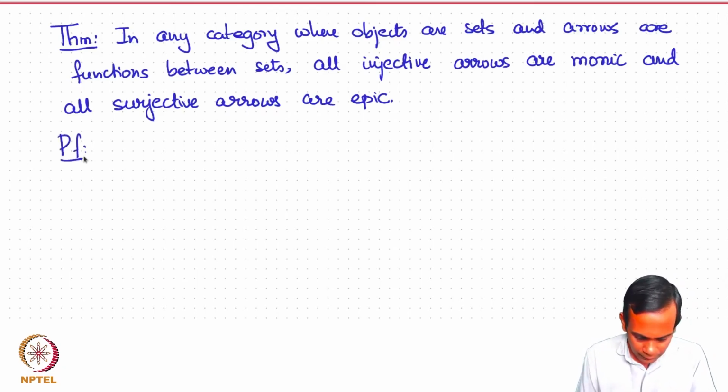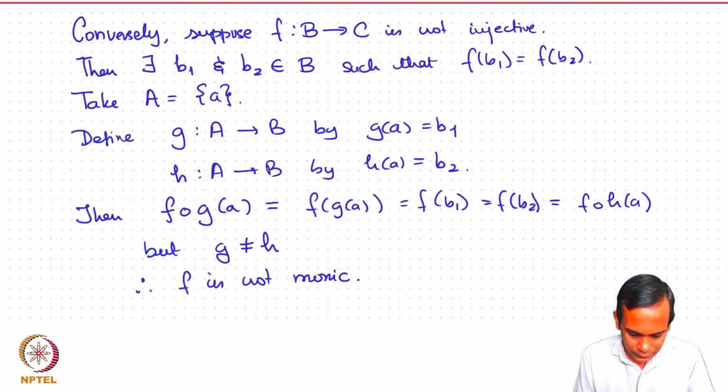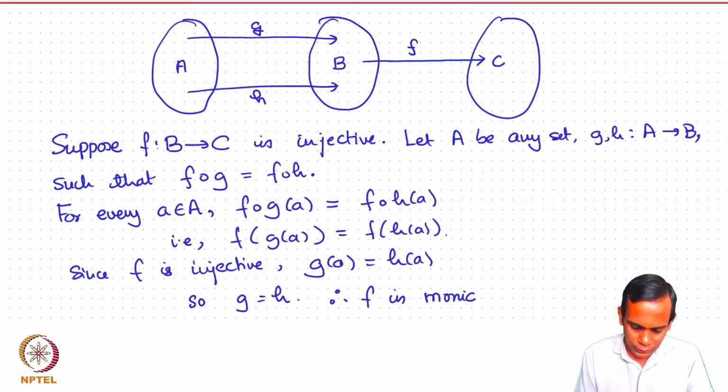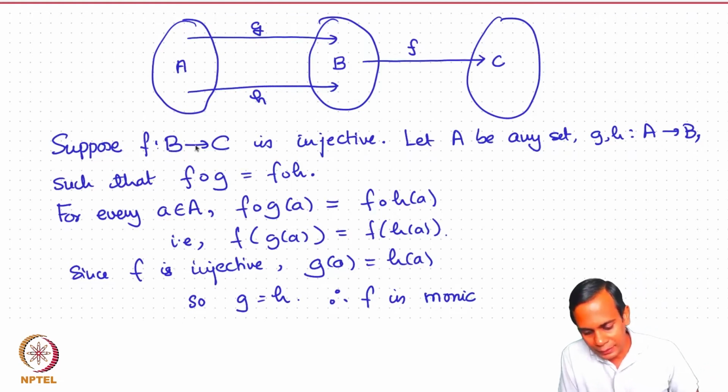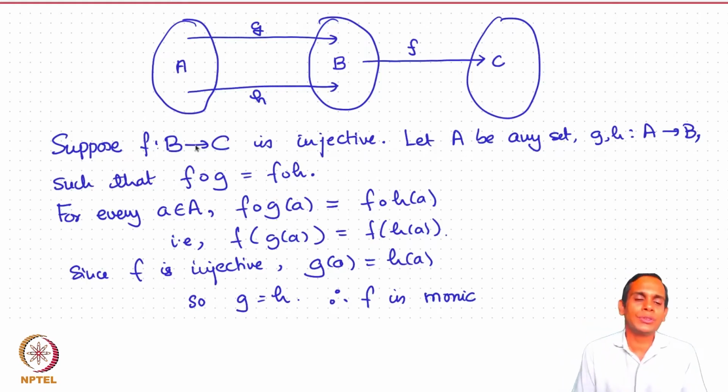Actually, I don't really need to prove this separately. I've already proved it. If you look at this proof here, I'm proving that in the category of sets, every injective arrow is monic. But here I have not really used any property of the category of sets. This proof holds equally well for any category where the objects are sets and arrows are functions. Suppose F is injective. So F could be an injective group homomorphism, but it's injective as a function.